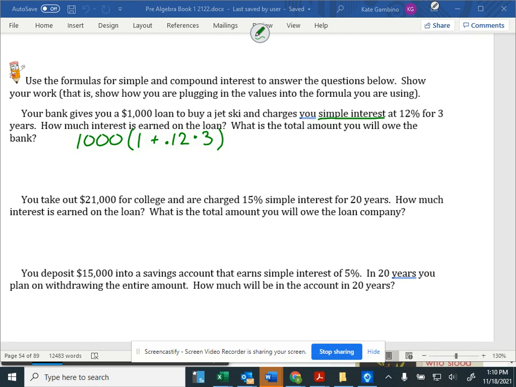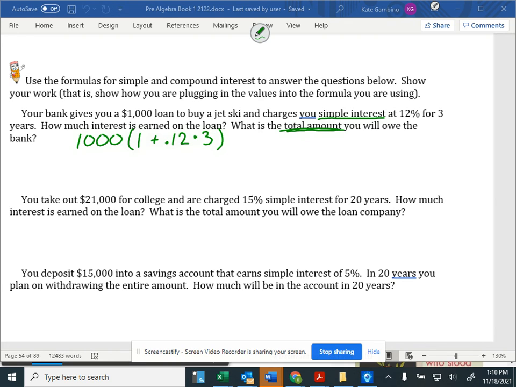On that 3rd year, how much do you owe the bank? So this calculation is going to tell you what your total amount is. Then you need to do the math to figure out how much of that was interest and how much was your principal. So you want to take off the principal, so you're just left with how much interest was earned on the loan. Does that make sense?